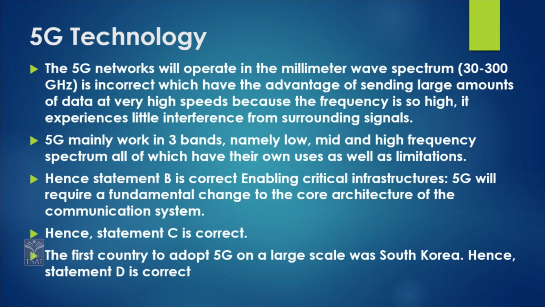The statement that the 5G network will operate in the millimeter wave spectrum 30 to 300 gigahertz is incorrect as stated. This spectrum has the advantage of sending large amounts of data at very high speed because the frequency is so high, and it experiences little interference from surrounding signals.